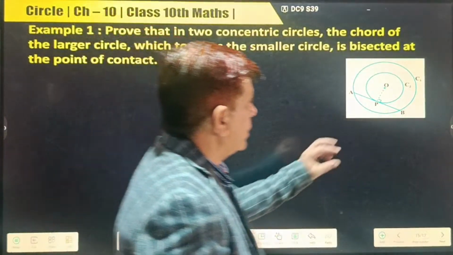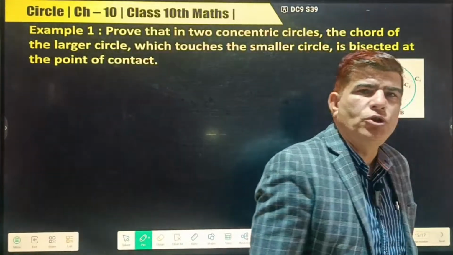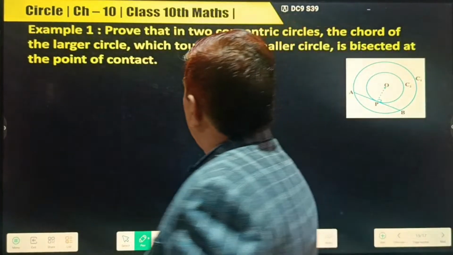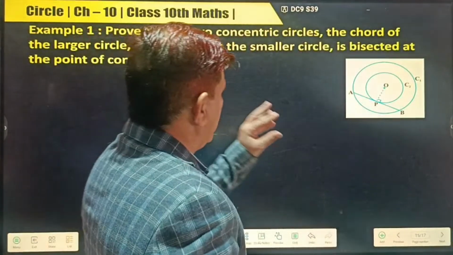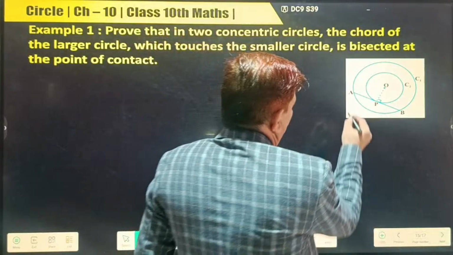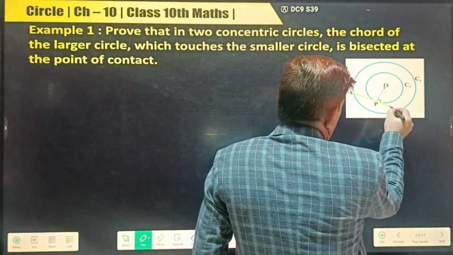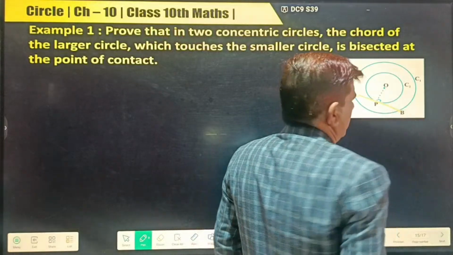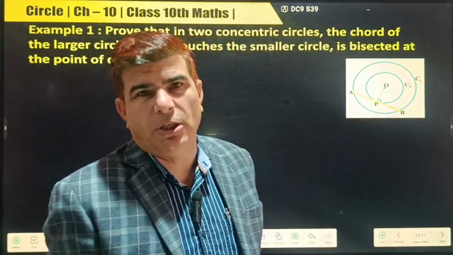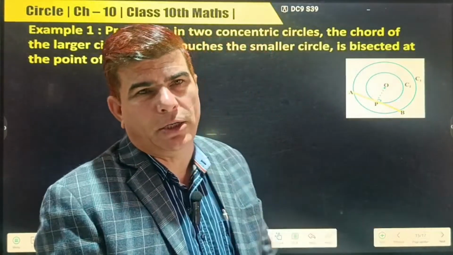So here two circles in the figure, C1 the bigger circle and C2 the smaller circle. Prove that the chord of the larger circle, which is this, touches the circle at 2 points. Which circle? The bigger one, C1, and touches the circle C2 at only 1 point.